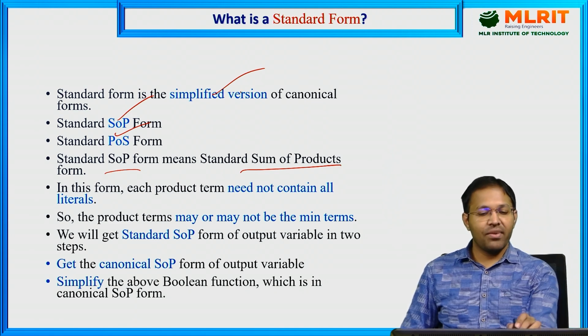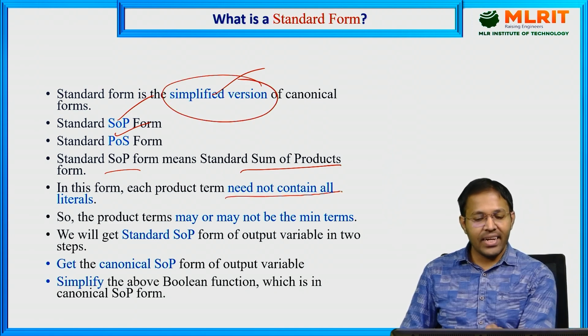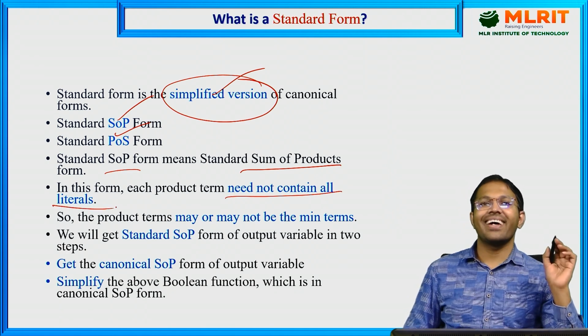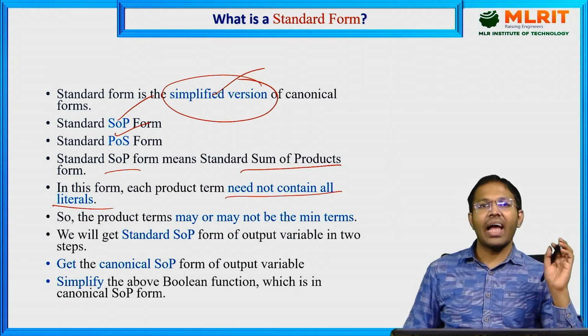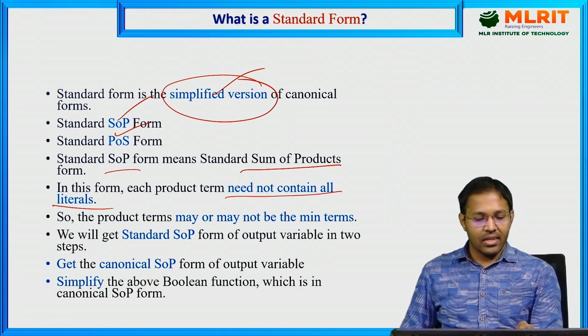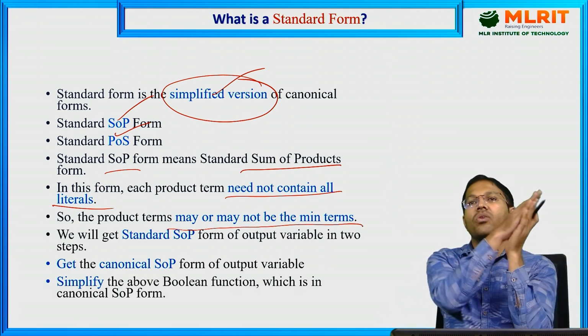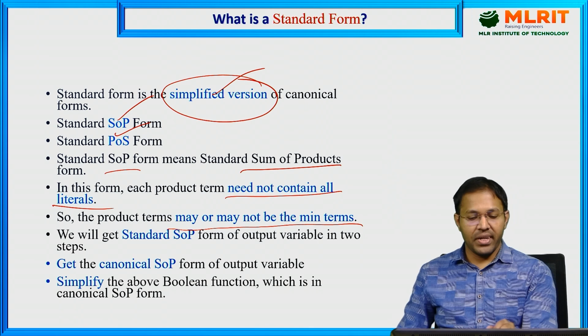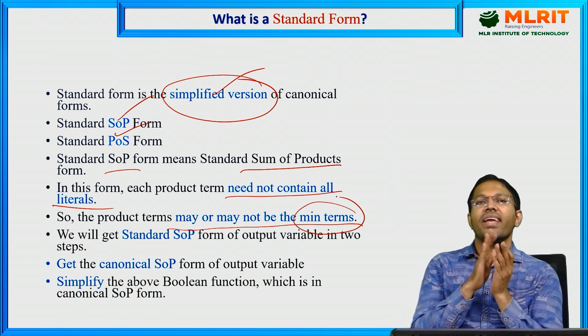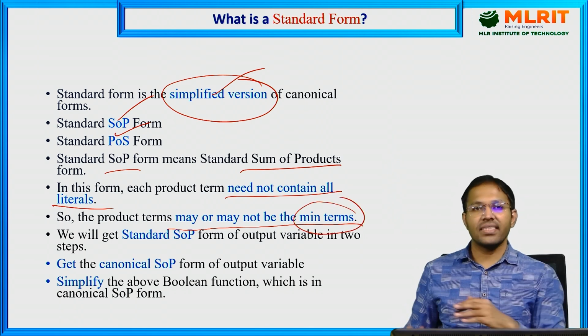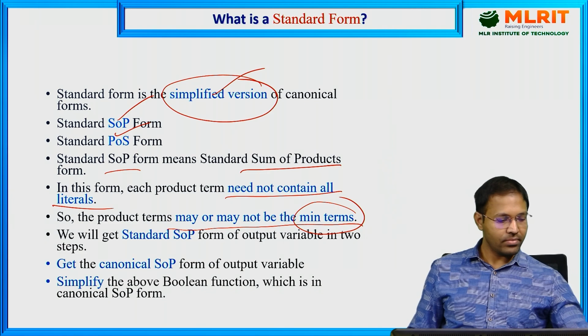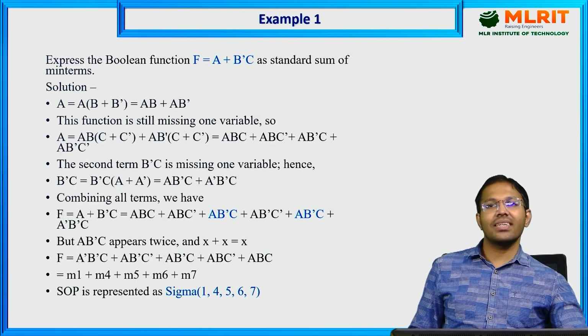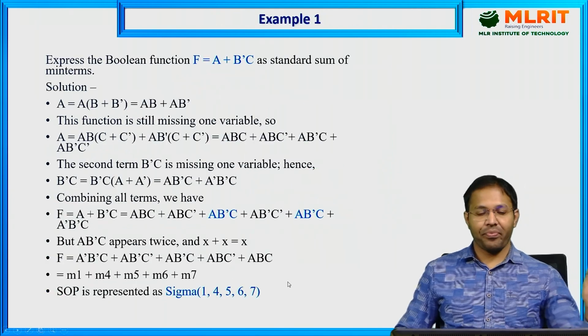Because it is a simplified version, it need not contain all the literals. Again, in this case, we will talk about simplifying in terms of min terms, and simplifying in terms of max terms. Okay, let us discuss the example.